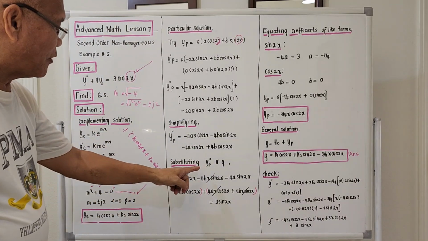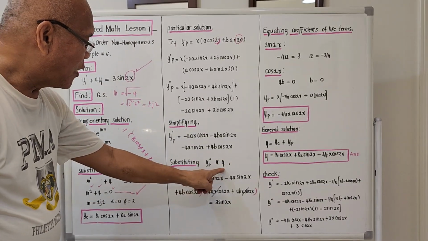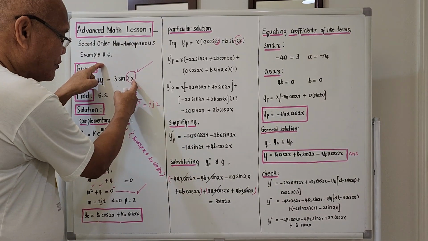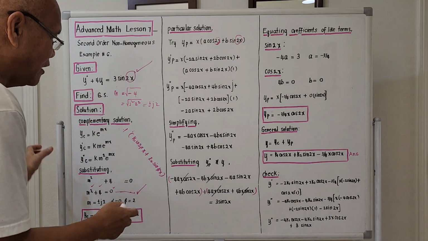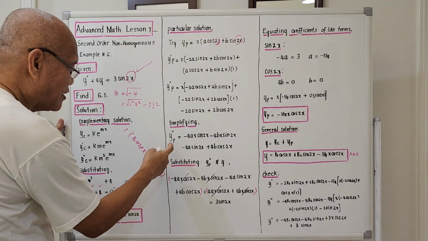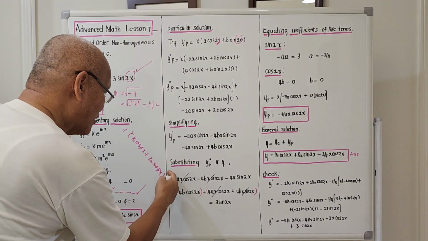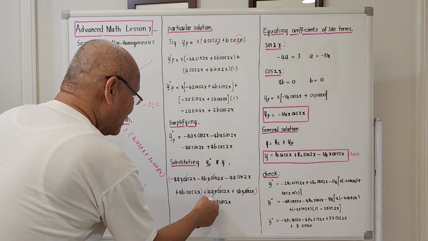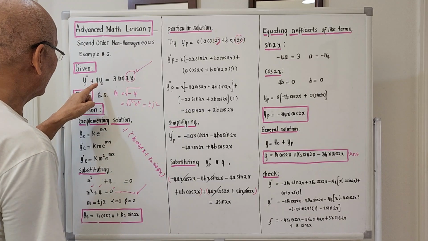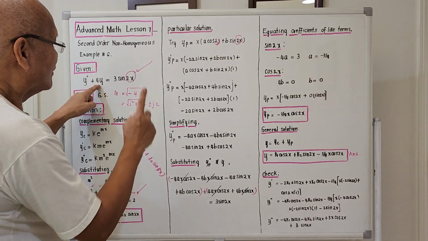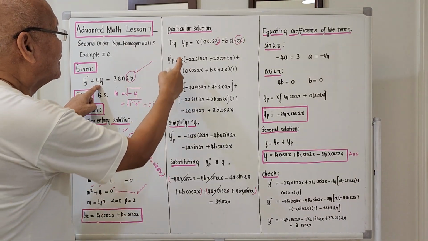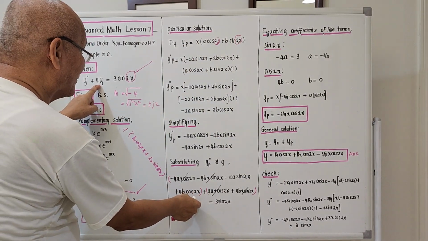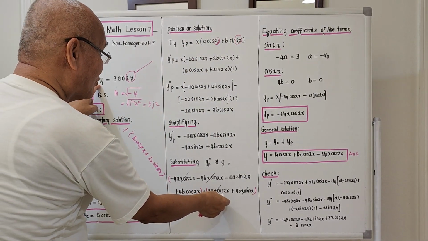Substituting the value of y double prime and y back here, then equate that to 3 sine of 2x. If we put the value of the second derivative, this is the first quantity. And if we multiply y particular by 4, the first part will be 4a cosine of 2x.